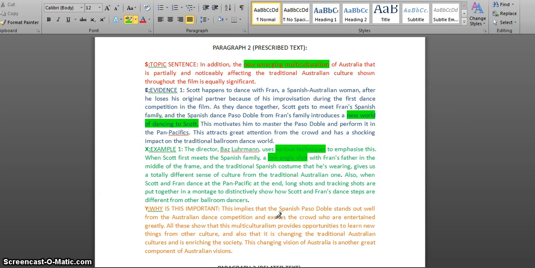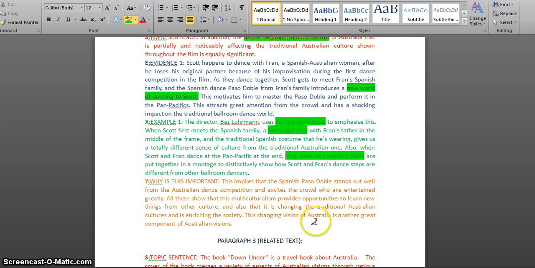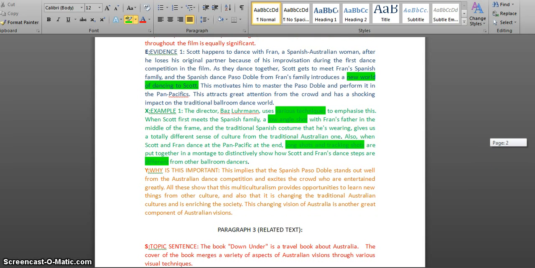Also, when Scott and Fran dance at the Pan Pacific at the end, long shots and tracking shots are put together in a montage to distinctively show how Scott and Fran's dance steps are different from other ballroom dancers. So he's talking a lot about the concept that how multiculturalism is different from the mainstream Australian culture.